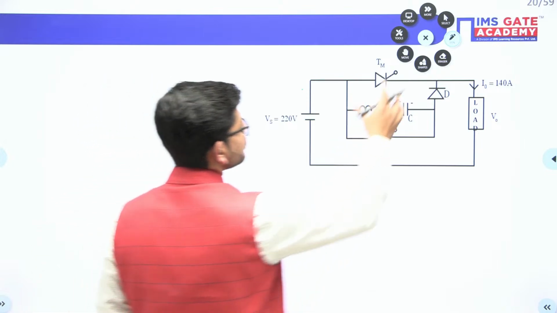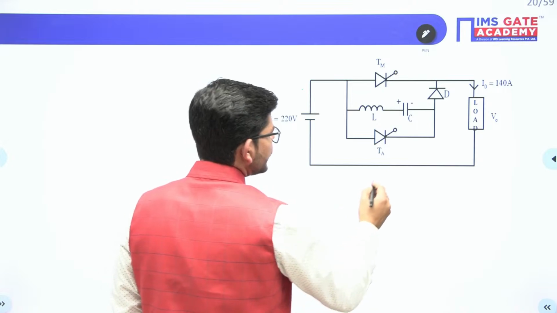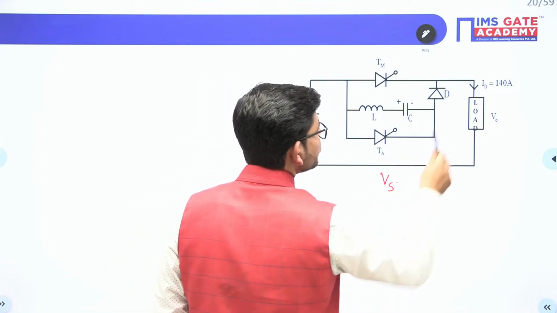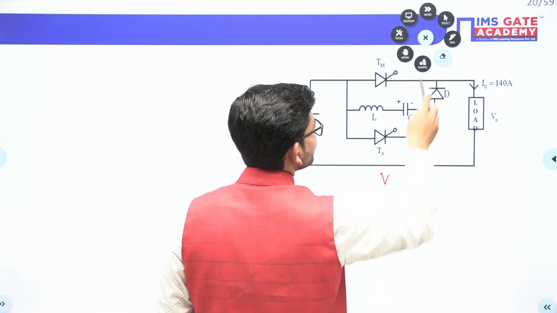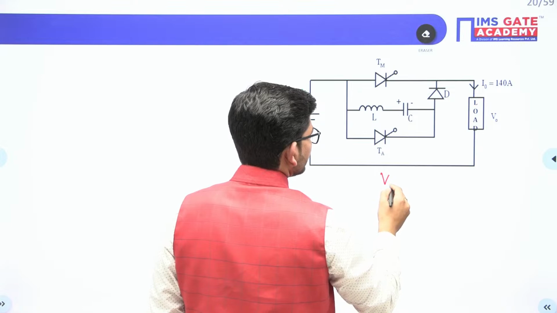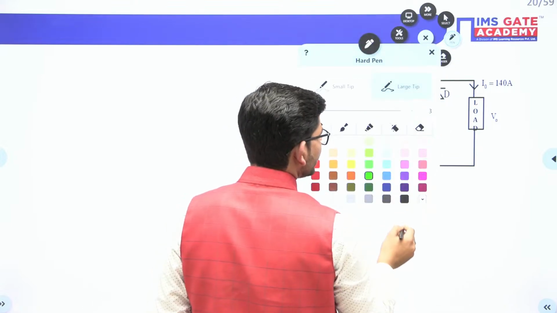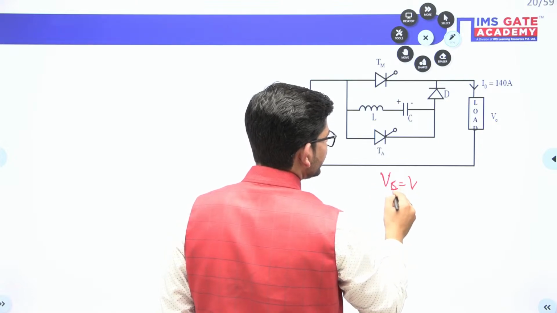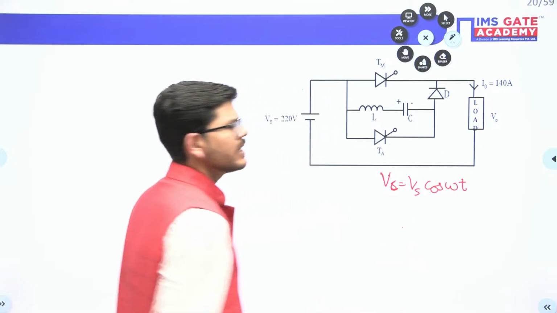So see, you know that the capacitor voltage is VC, and it is given by Vs cos omega t. That is the capacitor voltage.